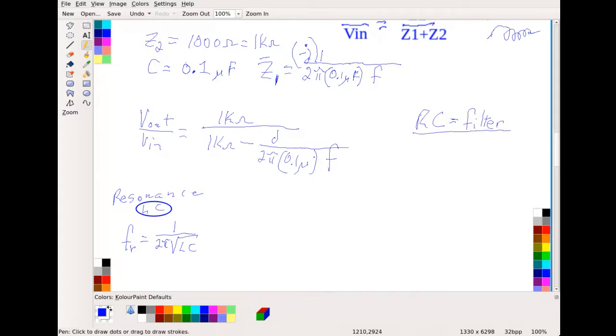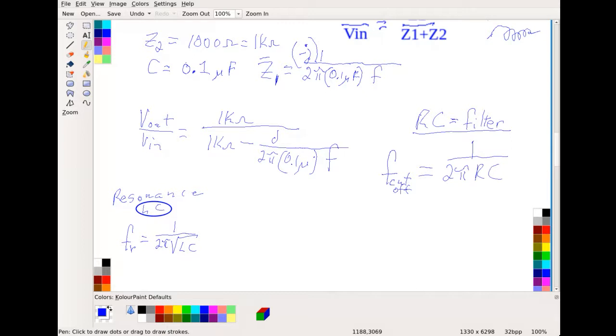But if we do an RC filter here, what is the critical frequency? Well, the critical frequency for this RC, I kind of consider this a pseudo resonant frequency. Another term that they use a lot is the cutoff frequency. The cutoff frequency for this RC filter turns out to be 1 over 2 pi RC.